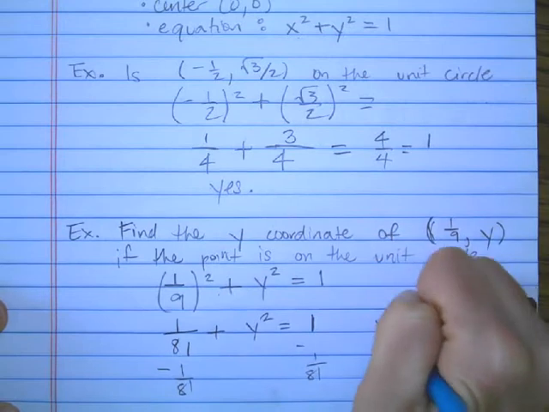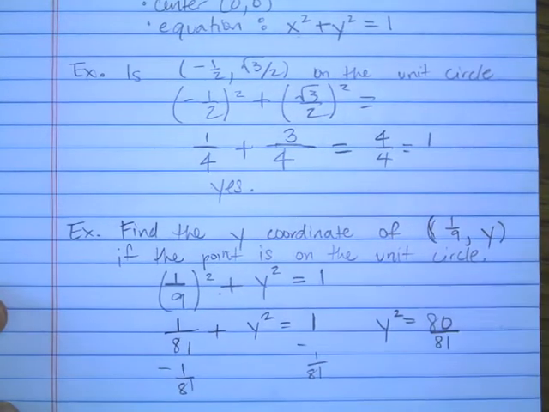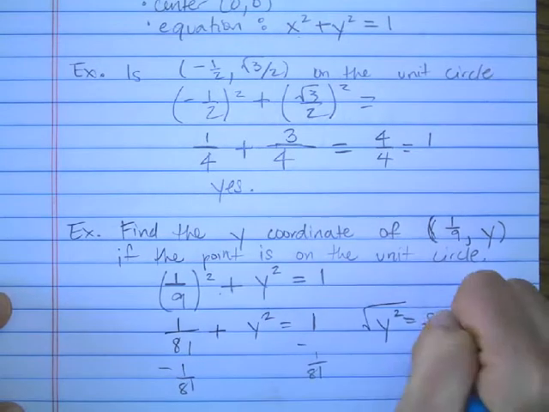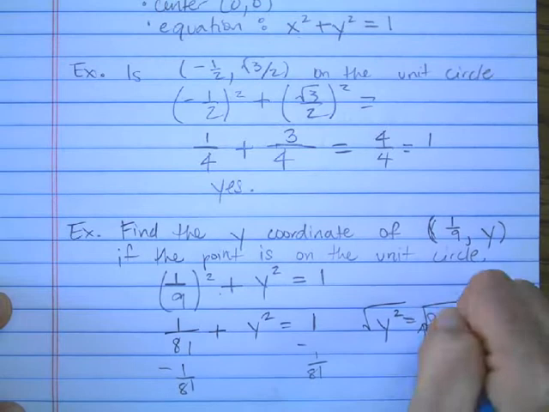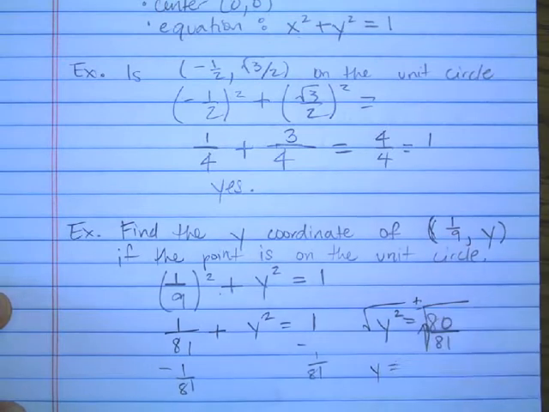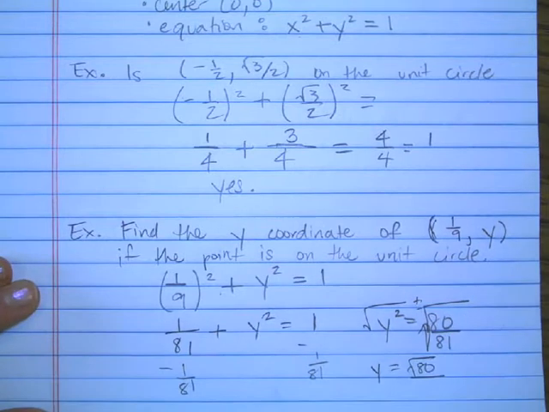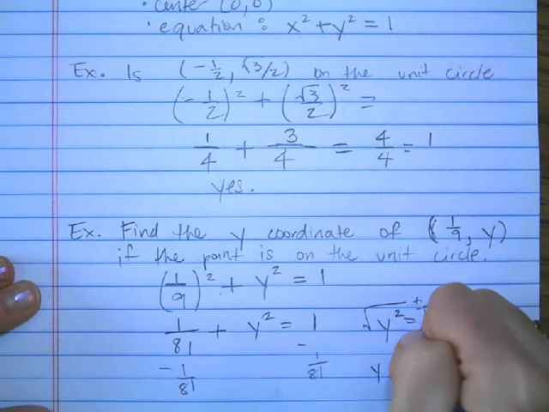So y^2 equals 80 over 81. Take the square root. What do you have to put? Plus or minus. Good. So y equals plus or minus square root of 80 over 9. Yes, so we should put plus or minus out here, thank you.